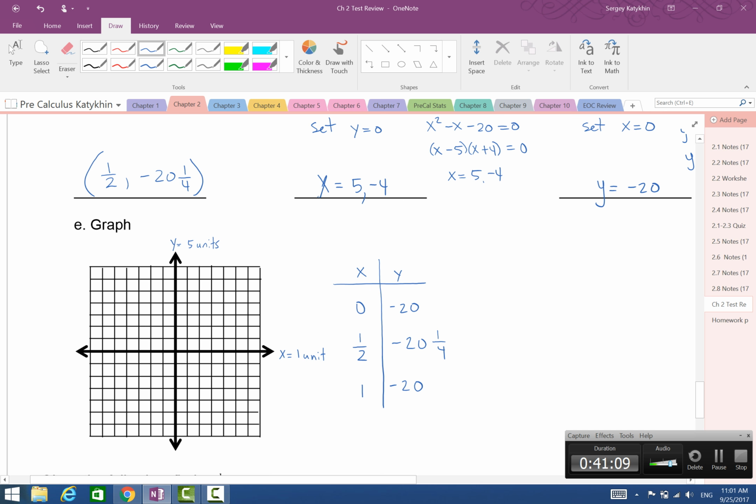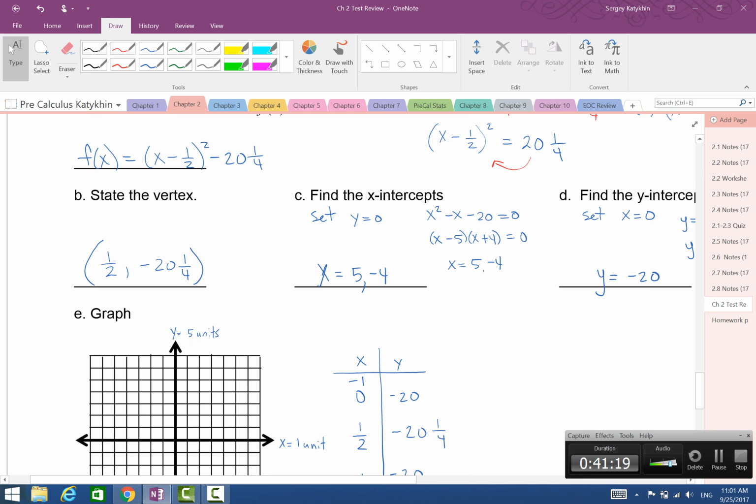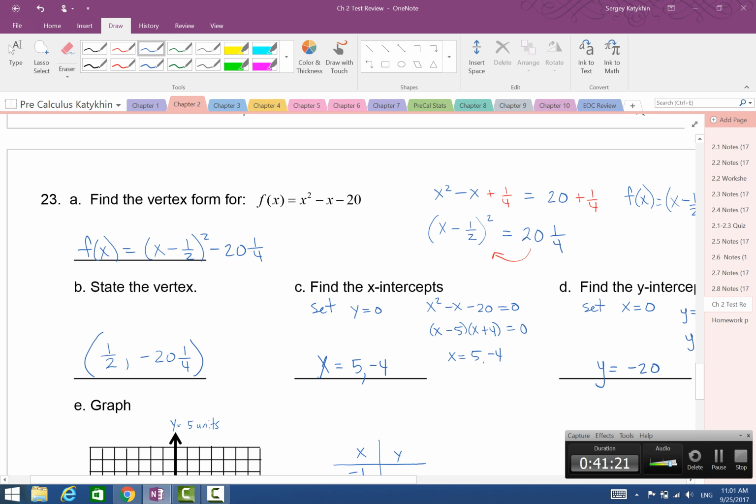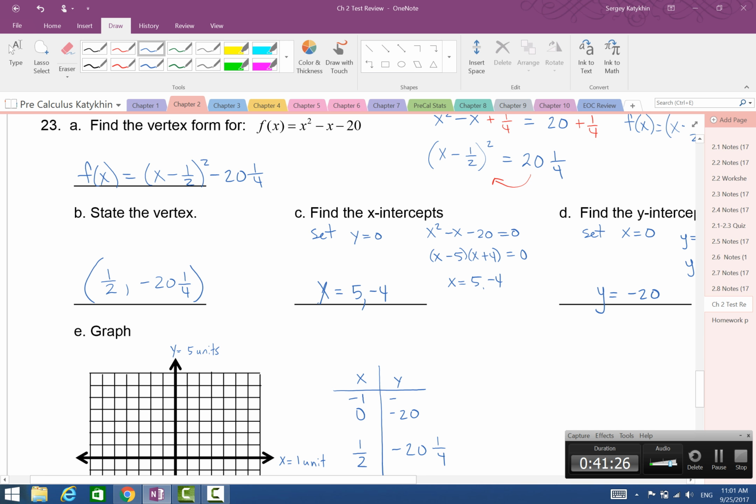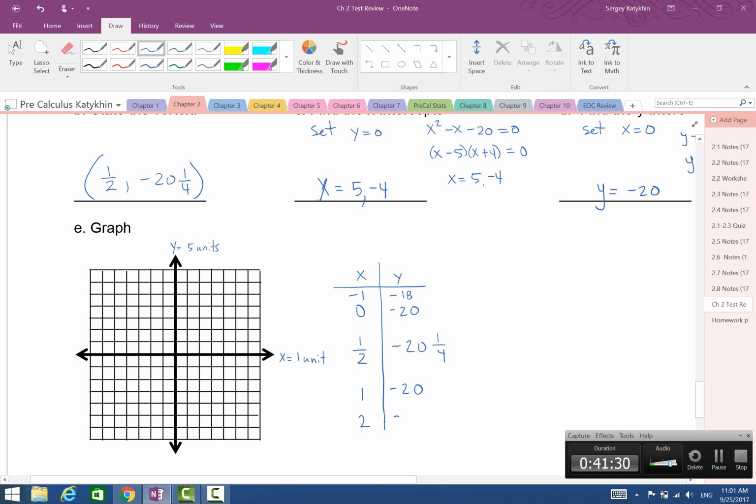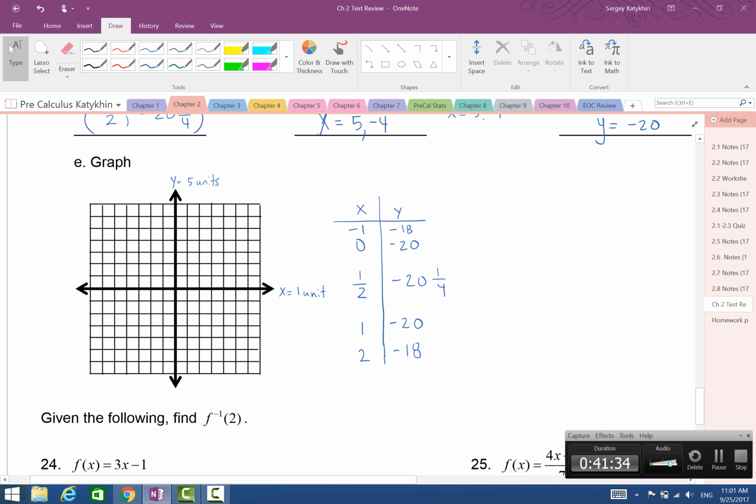Now that's not enough information, so we need to go a step further. We need to make this 2, and we need to pick like negative 1. So let's plug in negative 1. Negative 1 squared will be positive, so it'll be 2, so it'll be negative 18. And this will also give us negative 18. So that should give us enough information to graph that.